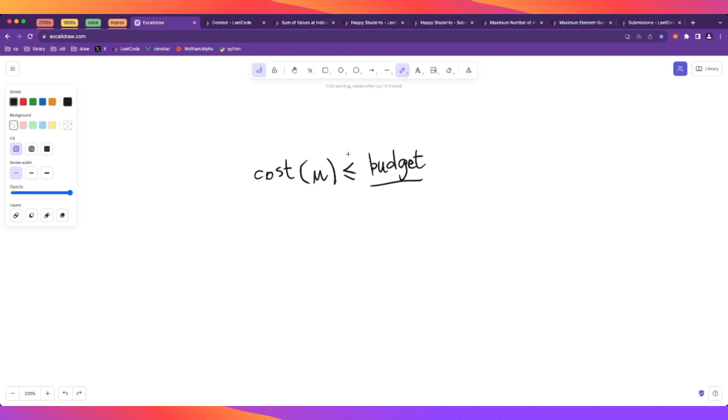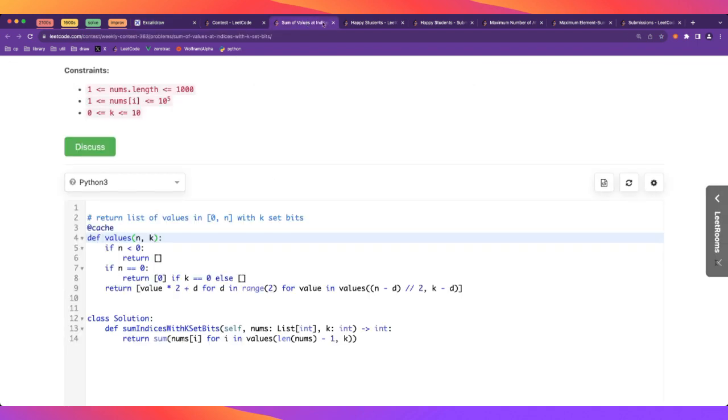So this is a monotone function, right? We get true, true, true, true, and at some point we get all falses all the time. So given that it's a monotone function, we can do a binary search to solve it, right?